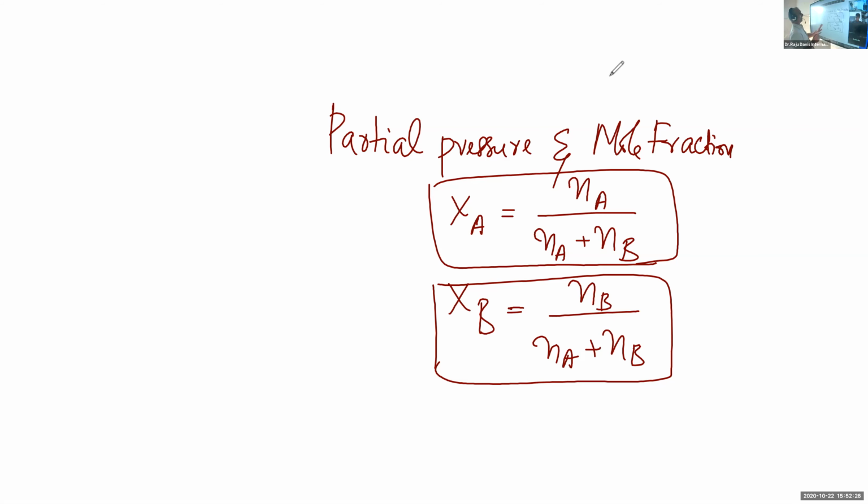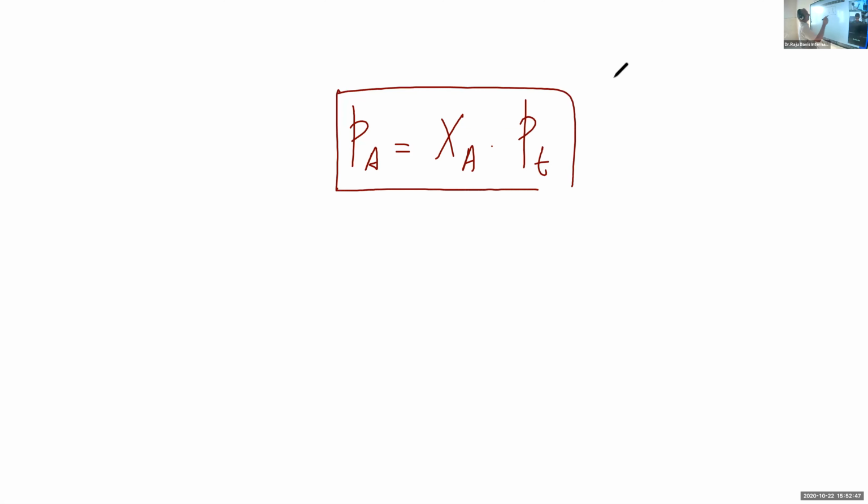Now, let us see the relation between partial pressure and mole fraction of a gas. The partial pressure of A is equal to the mole fraction of A into total pressure, P total.